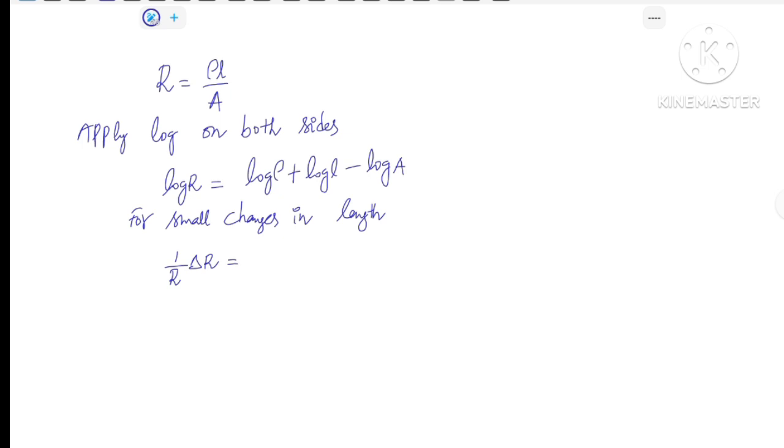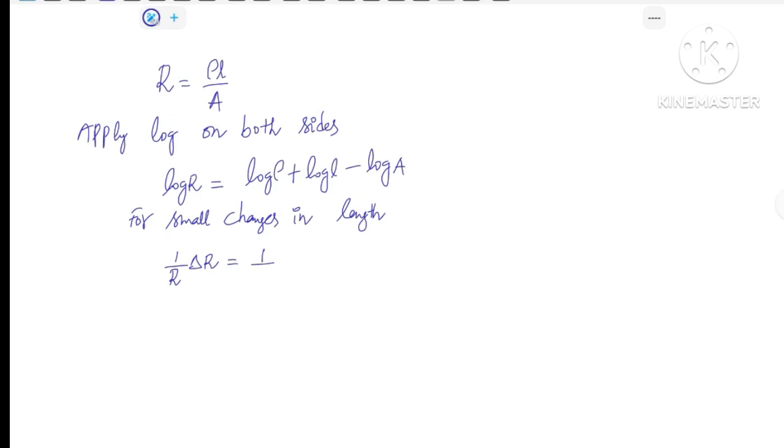Rho is a resistivity which depends upon the type of material, hence it is a constant. So differentiation of log rho is 0. Similarly, differentiation of log A is also 0, because here we are considering only the change in length, keeping the area constant. And what is the differentiation of log L?